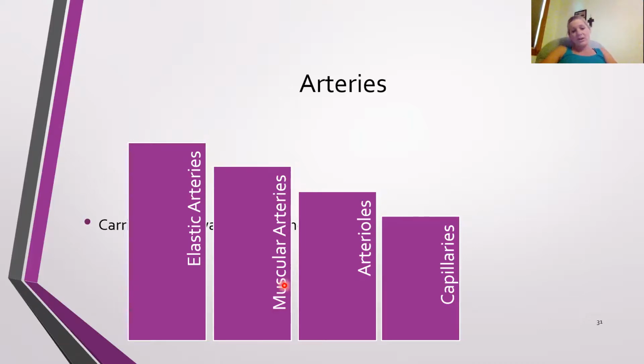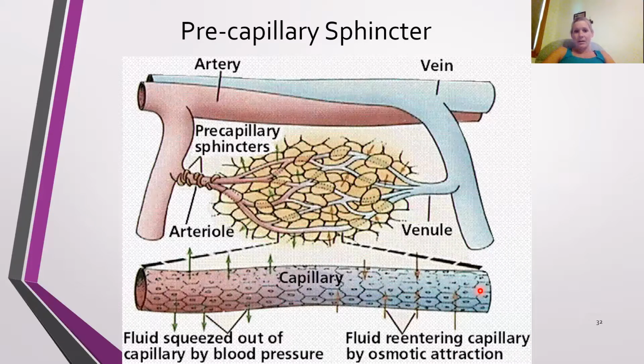Okay. Arterioles, again, smallest of the arteries, and then those will lead us into capillaries. Let's see, what do you want to know about pre-capillary sphincters? So again, here you can see the artery leading into the capillaries, and then the capillaries leading back to the veins.